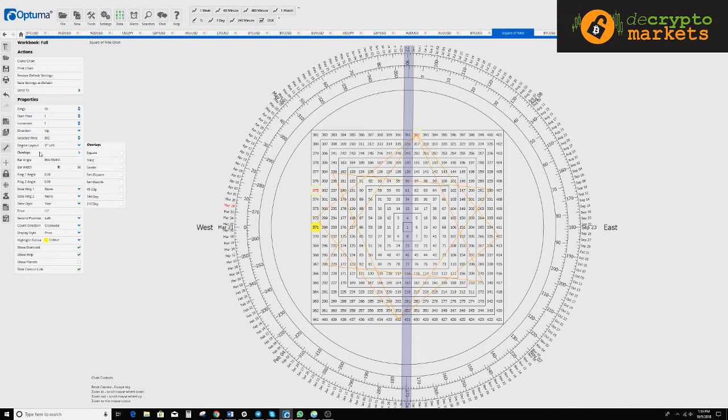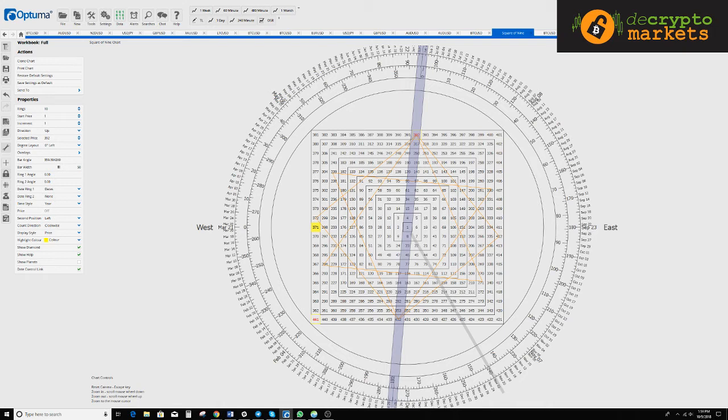They even put it in the software here. Degree layout overlays 144. So 144 degrees from 141.